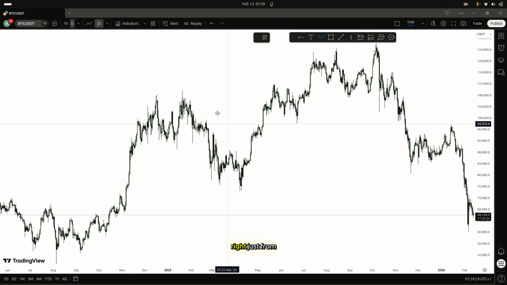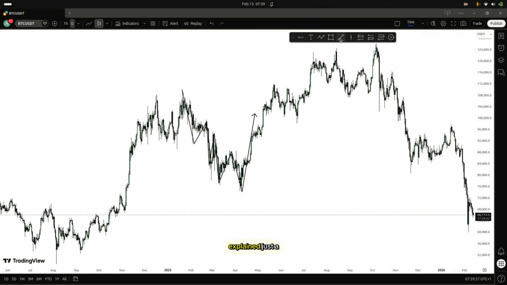In this scenario, just from here, price was giving us a series of lower highs, lower lows, lower highs, lower lows, lower highs, lower lows, lower highs, lower lows. Price now came here. If price wanted to keep going lower, price could have given us a lower high here and kept going lower, but instead price broke this previous high.